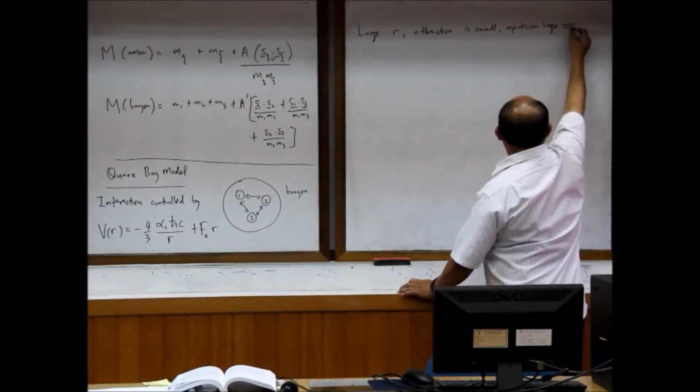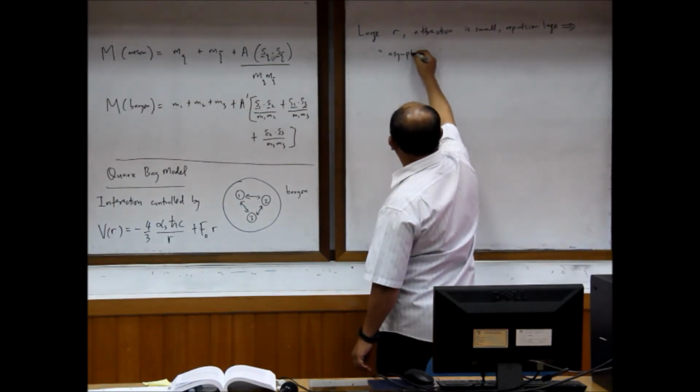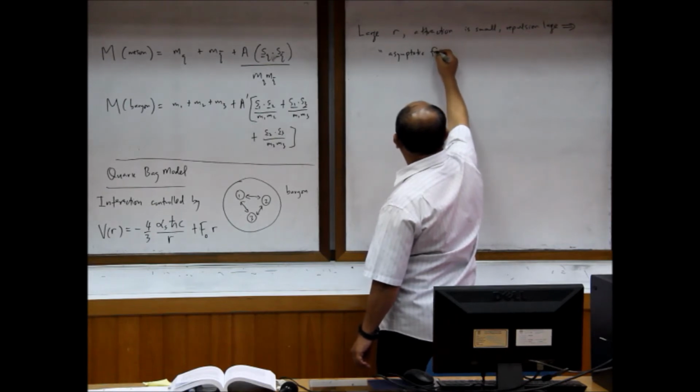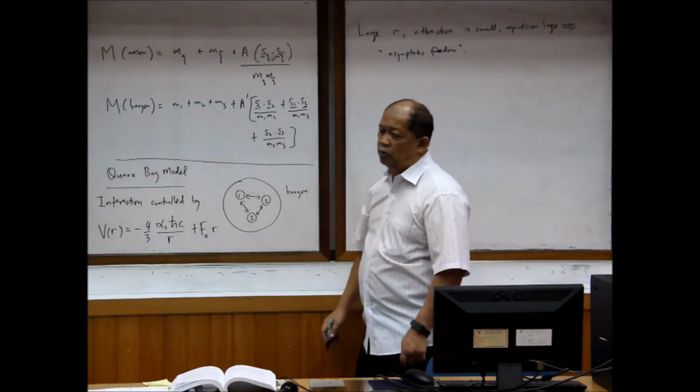So this gives the idea of what you call asymptotic freedom. But it can never be zero.